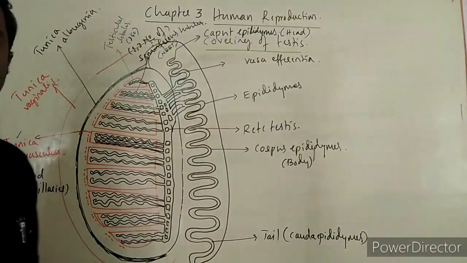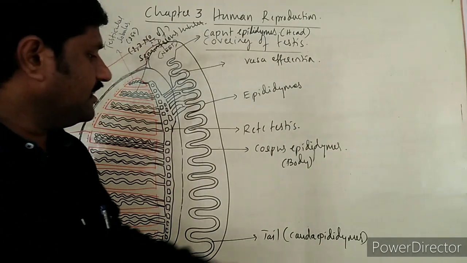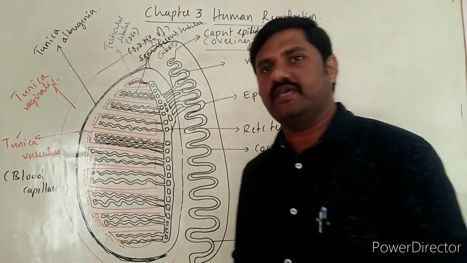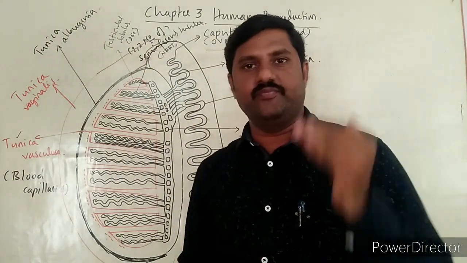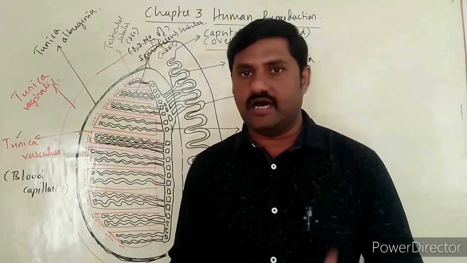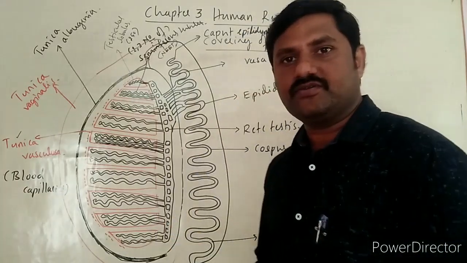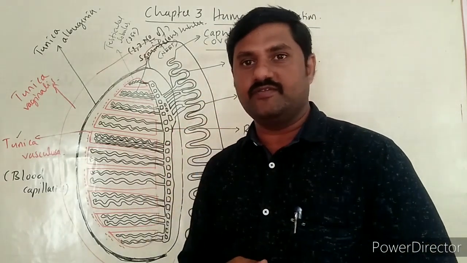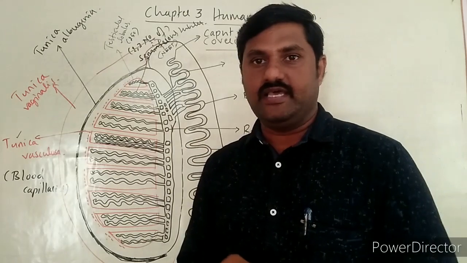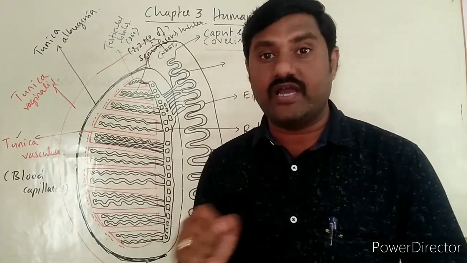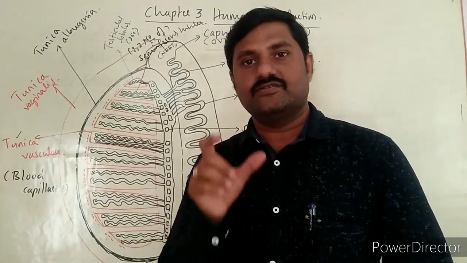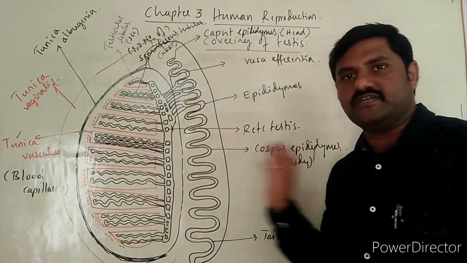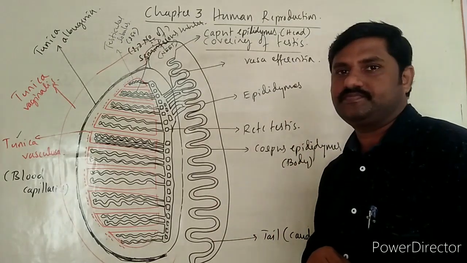So there are three major sections that we come across in the epididymis. The first one is the head part, the middle body part, and the last tail part. The head part is called caput epididymis, the middle body part is called corpus epididymis, and the tail part is called cauda. Cauda stands for tail, so cauda epididymis it is called.